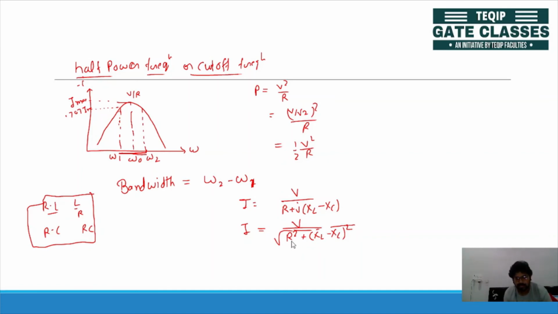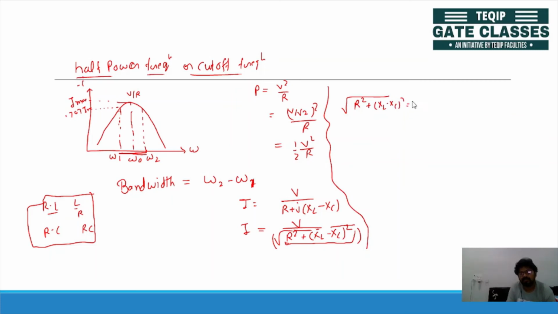then this complete thing, the square root of R square plus (XL minus XC) square, should be equal to root 2 times R. If it is root 2 times R, then only you are here.